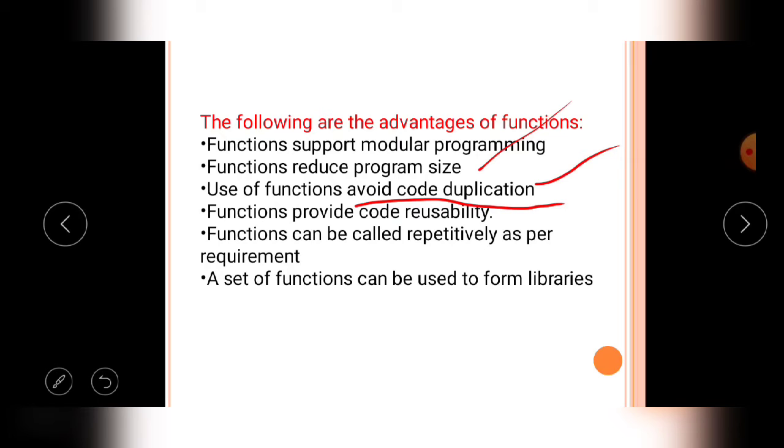Data redundancy means writing the same code again and again. This data redundancy problem is solved with the help of the functions concept. So this is also very useful in the execution of the C program.